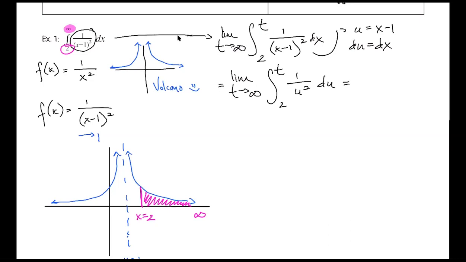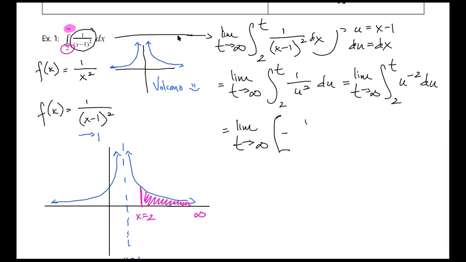When I take that integral, I have to use the power rule, but one thing I want to make sure we all understand is that this is the same as u to the negative 2 du. So when we use the power rule, we have to see that power. We can't just use it straight from the bottom. Applying the power rule, we end up with negative 1 over u, or I'm going to put back in x minus 1.